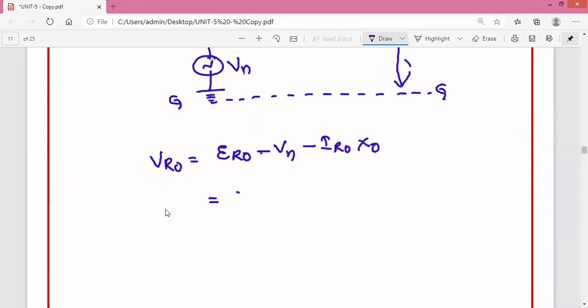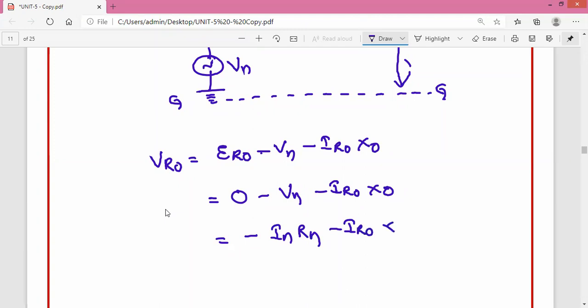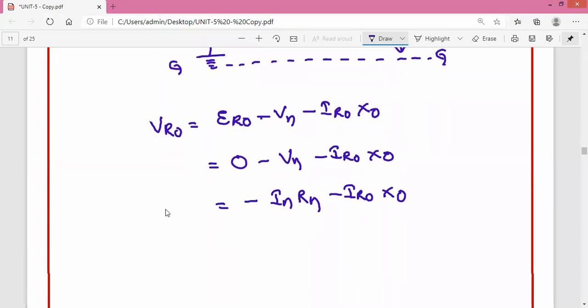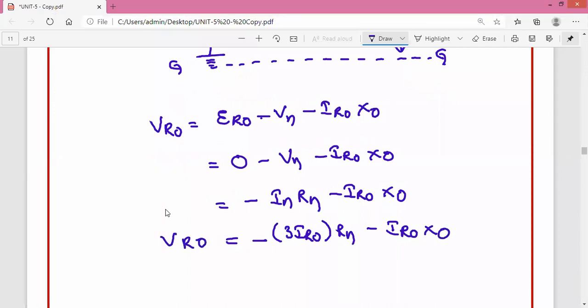So this becomes 0 minus Vn minus Ir naught into X naught. Vn can be written as minus In into Rn minus Ir naught into X naught, because Vn is equal to In into Rn. And we know In can be written as 3 IR naught, so it is 3 IR naught into Rn minus IR naught into X naught.